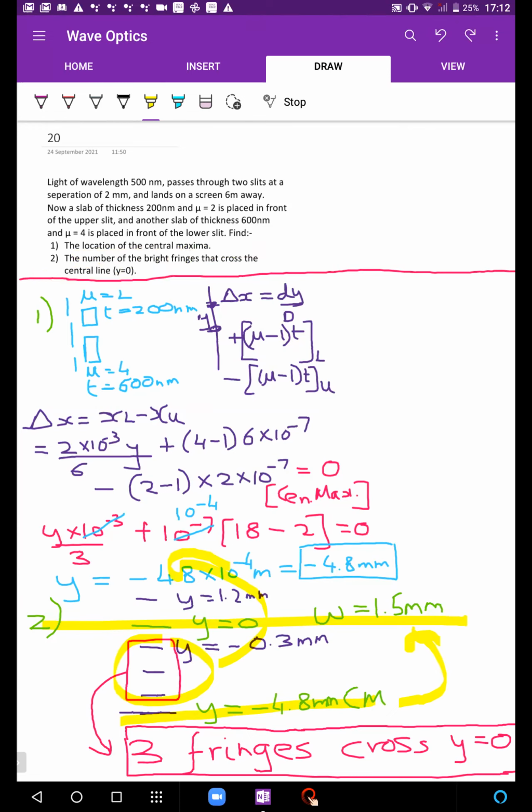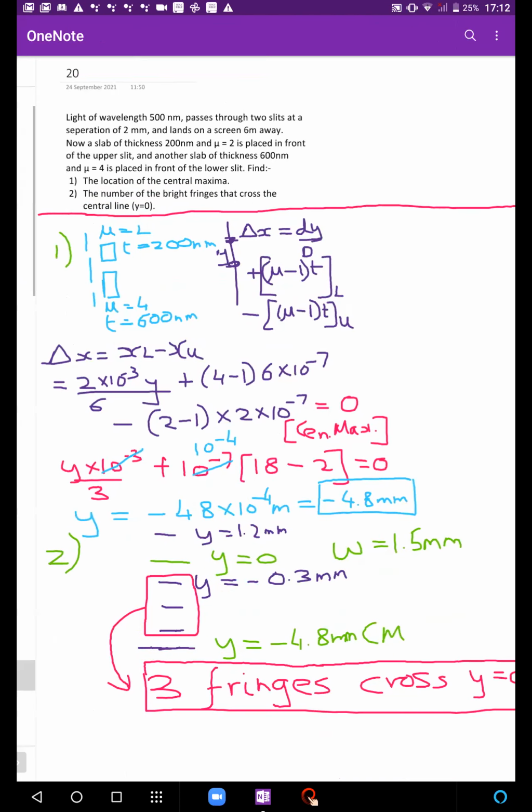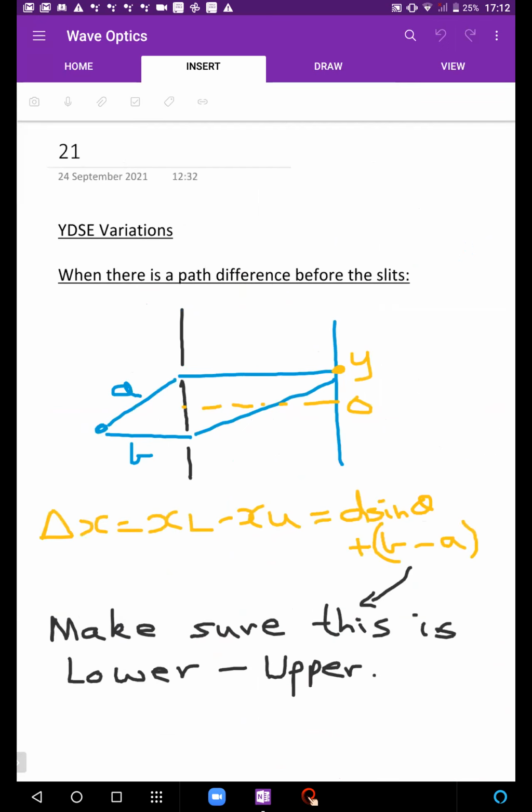So before inserting the slab, see where the fringes are, and after inserting the slab, see where the fringes are. And for those questions also keep a track of the central maxima, see where it was before and where it was after.